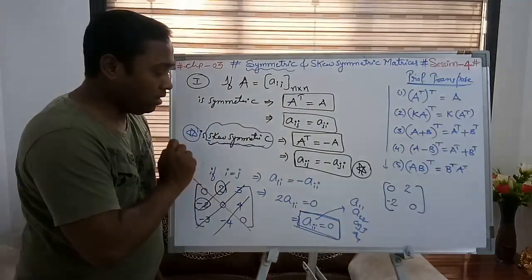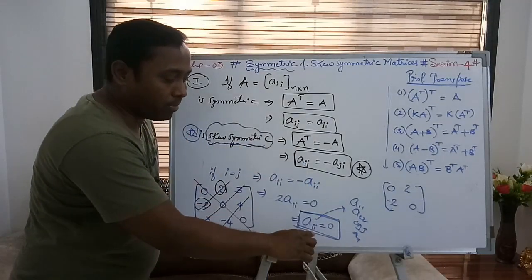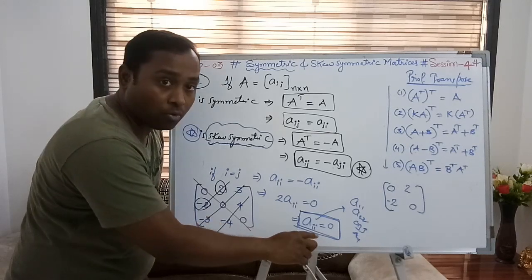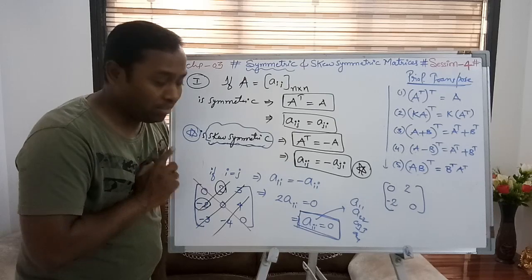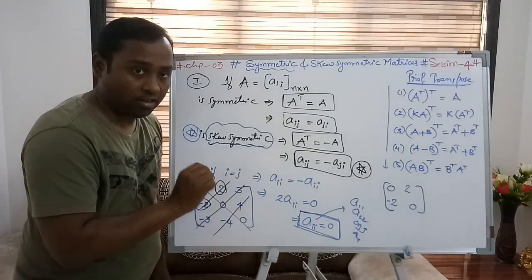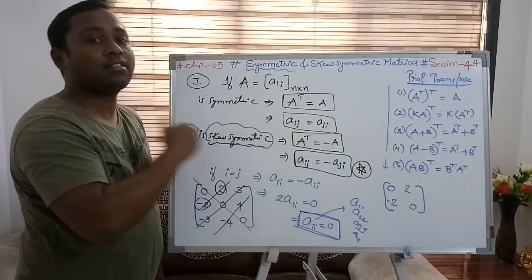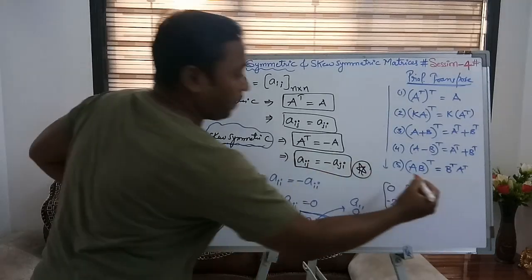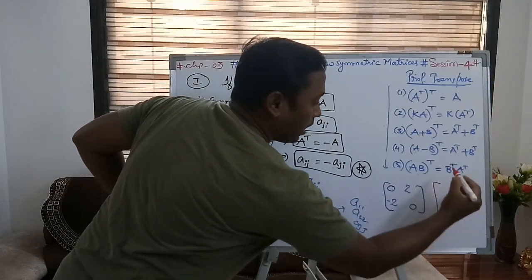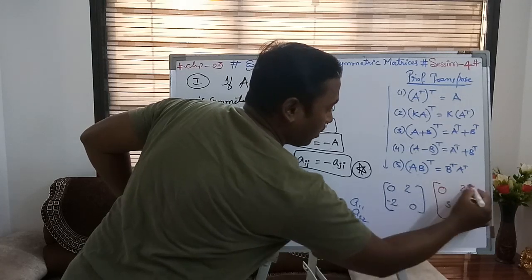I repeat, if it is a skew symmetric matrix, the diagonal elements must be 0. But the converse is not always true. It means simply by taking the diagonal elements as 0, you cannot say it is skew symmetric. Example, I am taking here 0, 0, 2, 3.